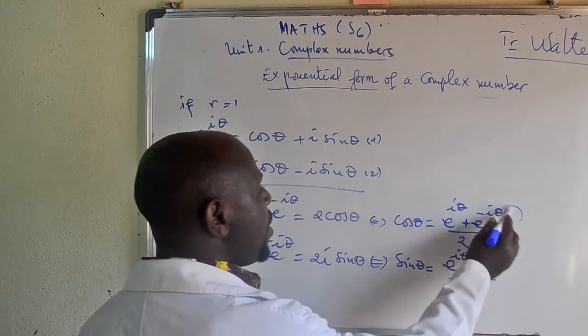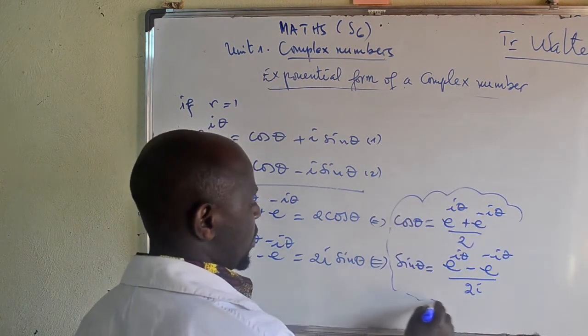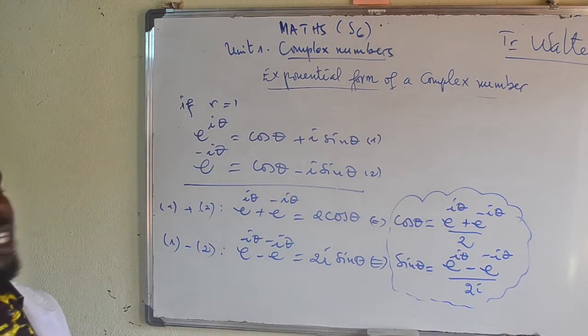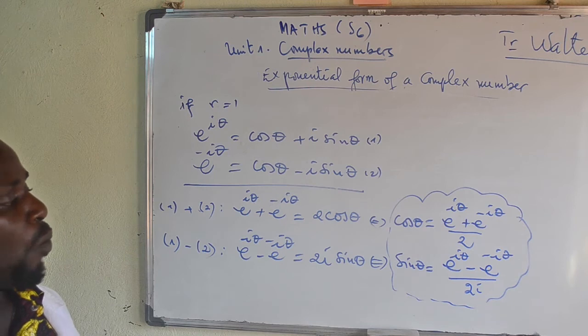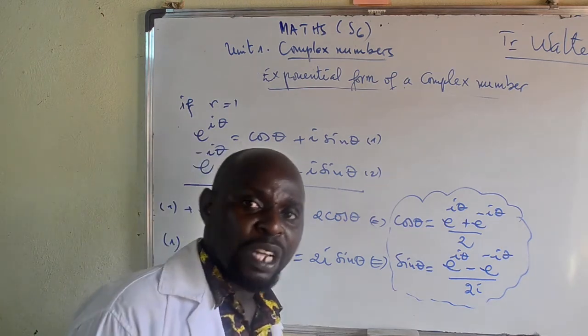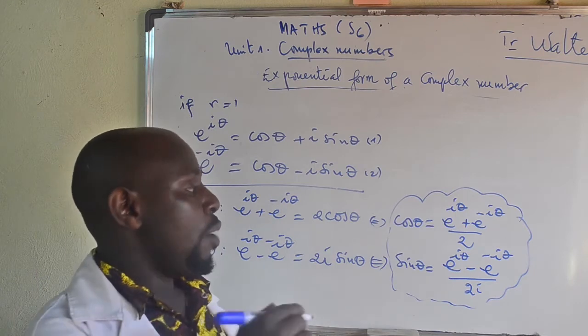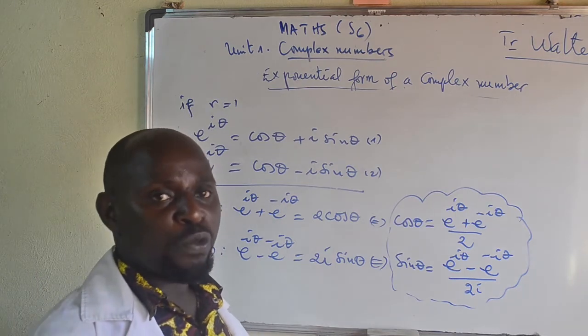Now, here we have very important formulas. You can see these two formulas. We use them to do something very important called linearization, which is coming after this lesson, in our applications of complex numbers.